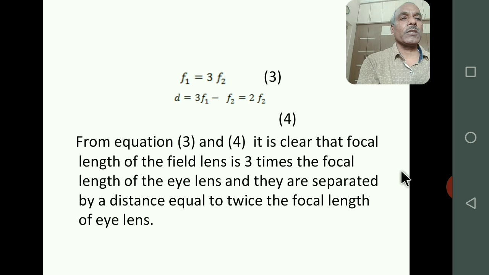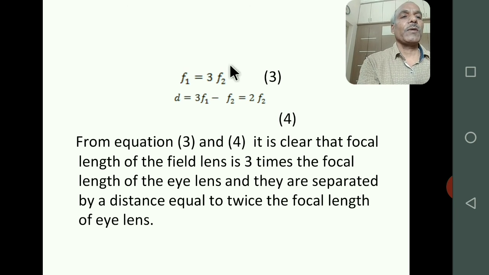Equating these two equations and simplifying, you will get f1 is equal to 3 times f2. We call it equation number 3. If you substitute f1 in equation number 2, then d is equal to 2f2. We call it equation number 4.